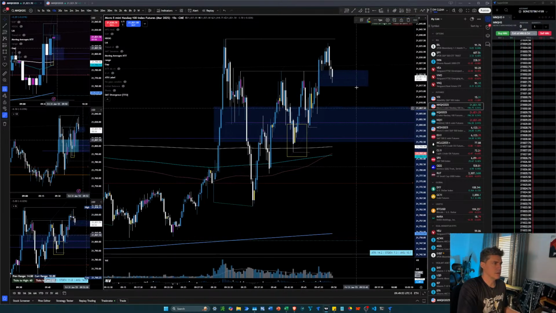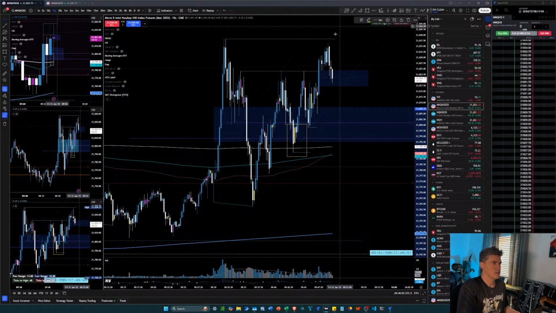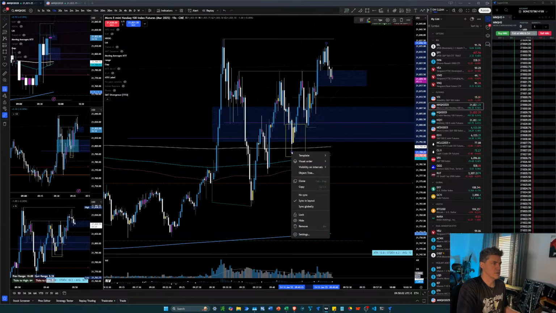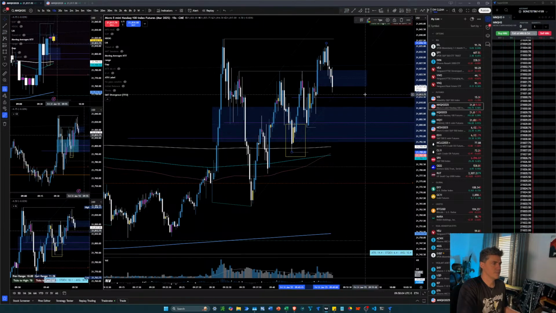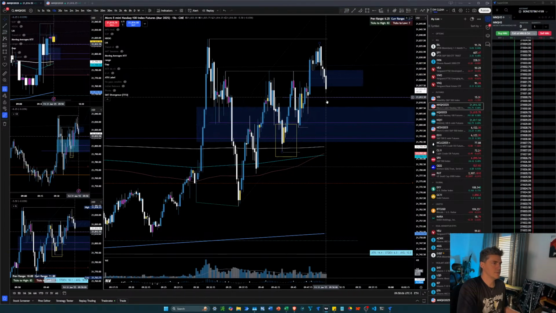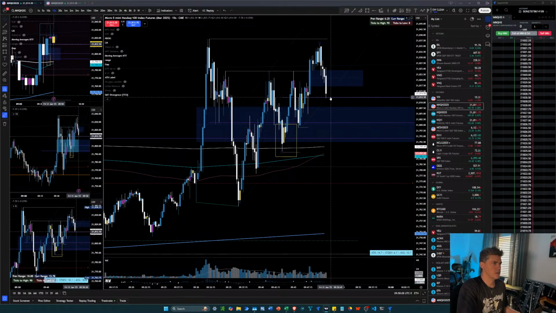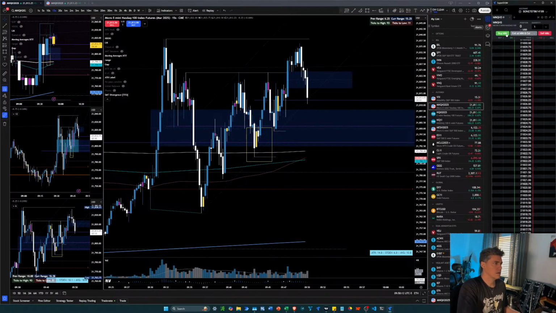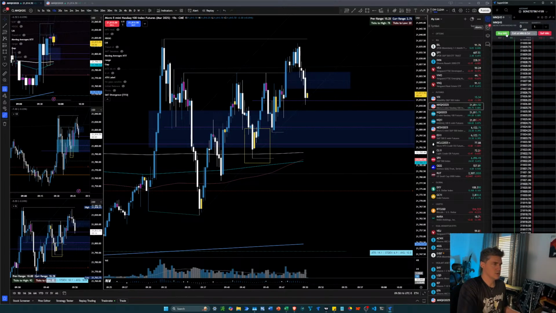Yep, right there. Let's get a measurement on this swing. 50% is here. Coincides perfectly with this trend line. Need a trigger though.